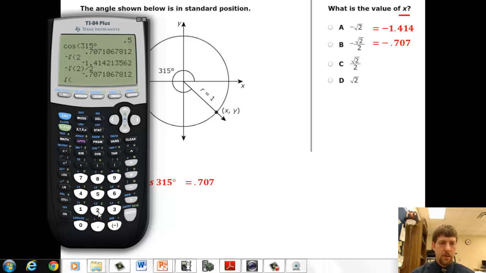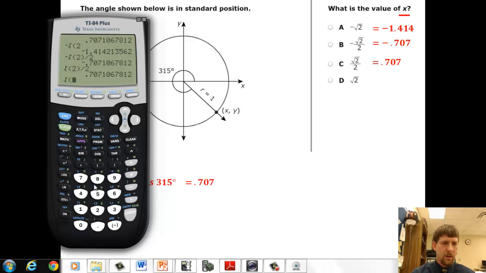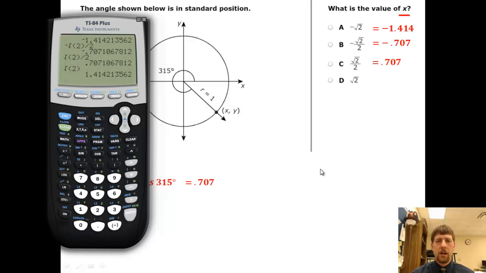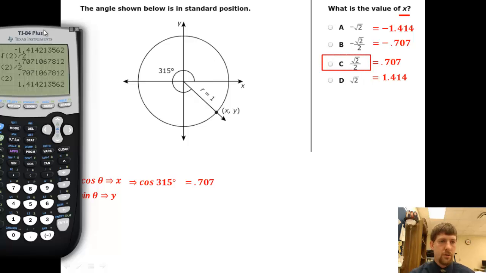Positive square root of 2 over 2, positive 0.707, so that looks good, and we'll just check D just to make sure that they're not throwing some kind of curveball in there at us. And you get positive 1.4. So when they say what's the value of x, which one of these equals cosine of the angle, so 0.707, and square root of 2 over 2, so there is choice C.